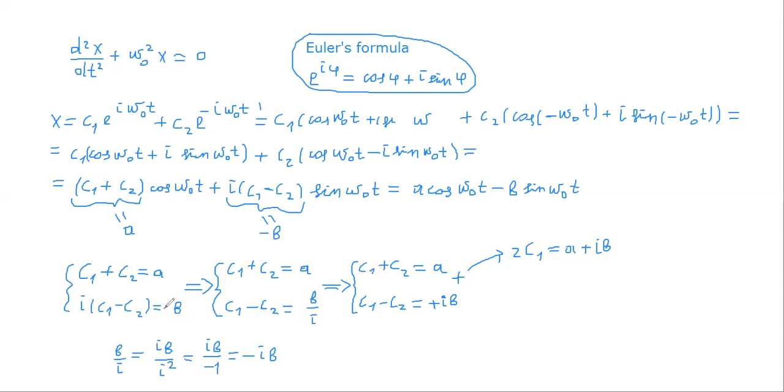This will be better for further actions. So C1 is equal to A plus IB divided by 2.